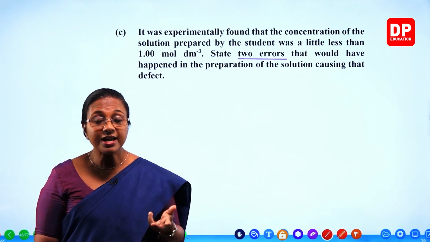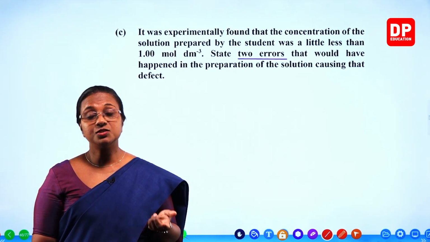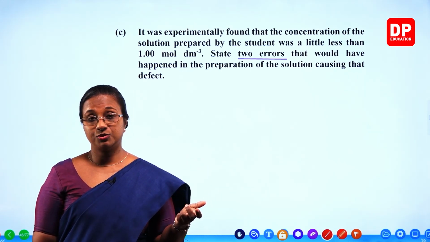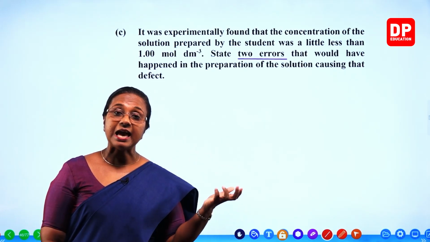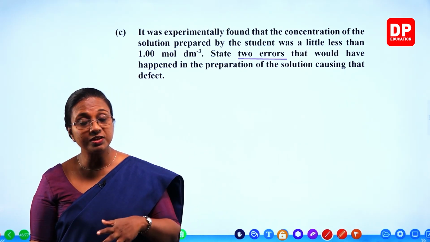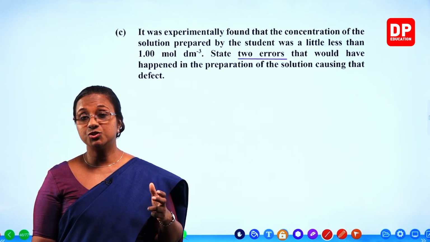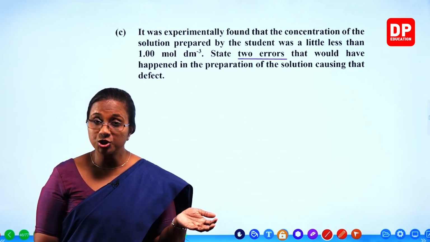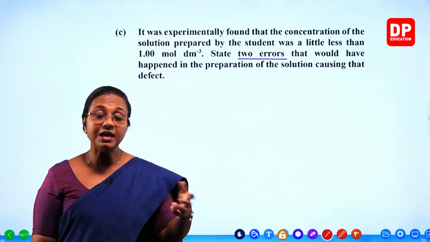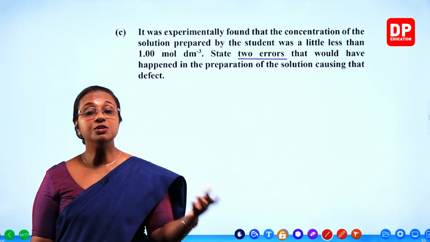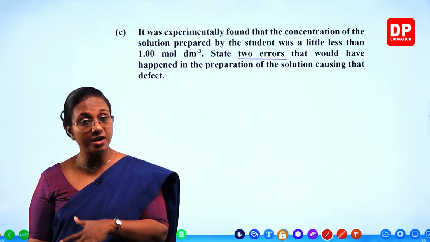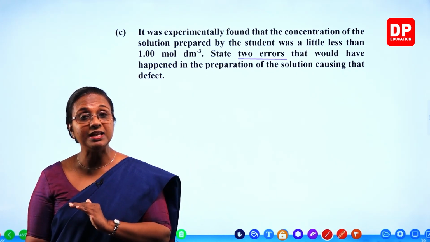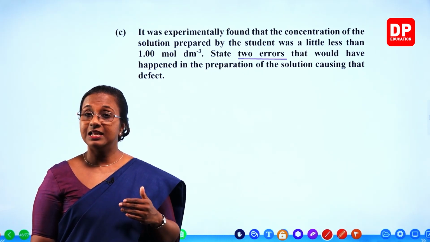So the most likely reasons could be that when you transfer the solute, after weighing accurately, if it is not transferred completely... I told you all, you have to wash the watch glass completely and you have to wash the funnel so that all the solute is transferred. But by chance, if all the solute has not been transferred, then that can lead to an error.